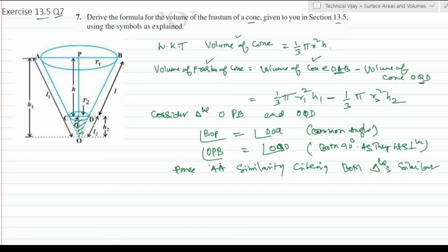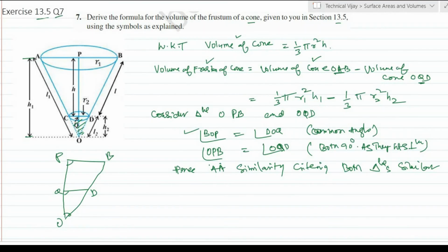Now if they are similar, the corresponding sides of similar triangles are proportional. So this is the triangle we have discussed here: O, here P and B, and here OQ and D. This angle we have equated, and this angle also.